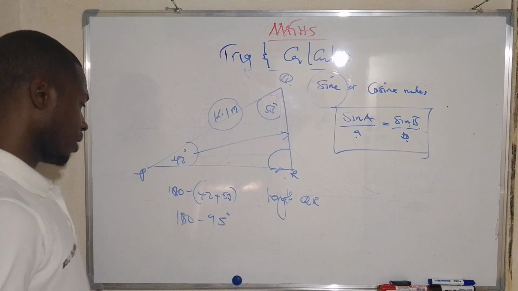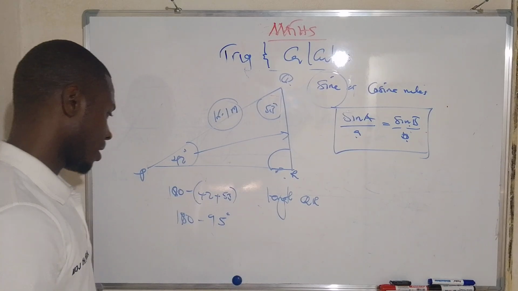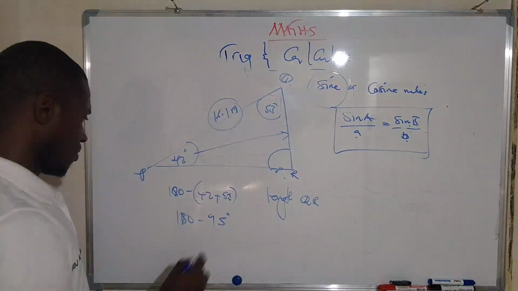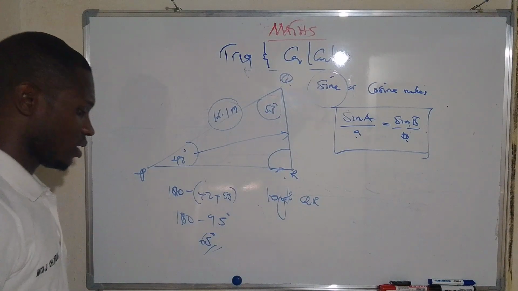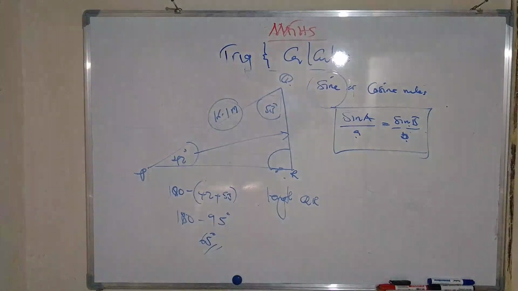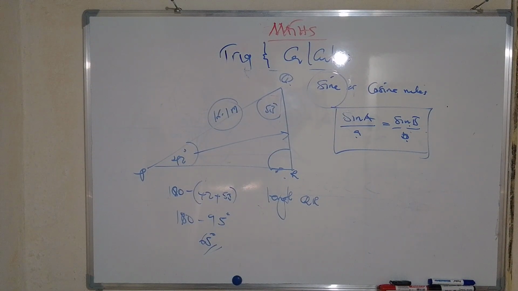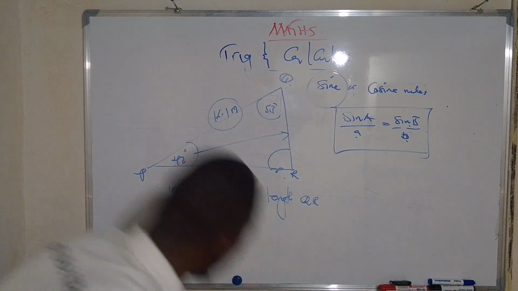So if you subtract 180 minus 95, you're going to get 85 degrees.